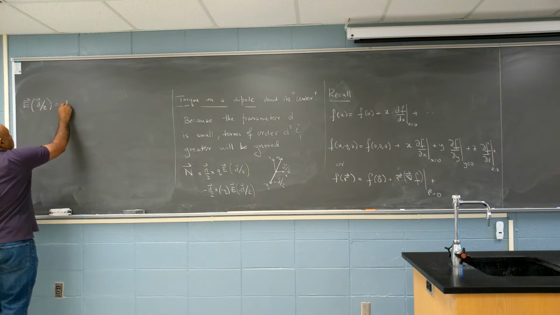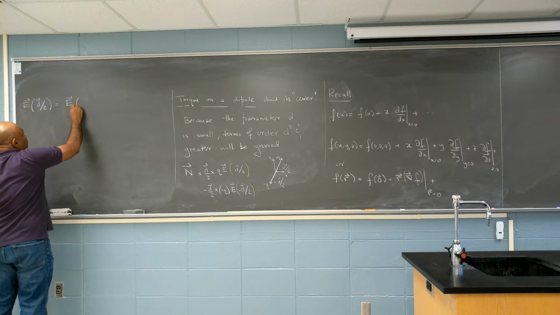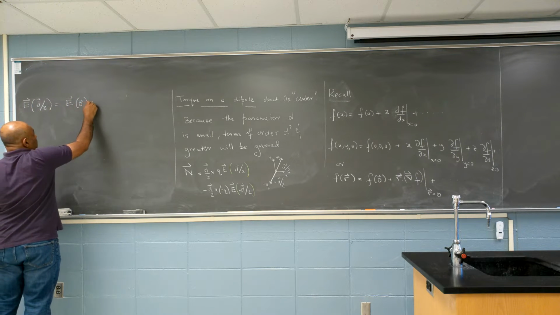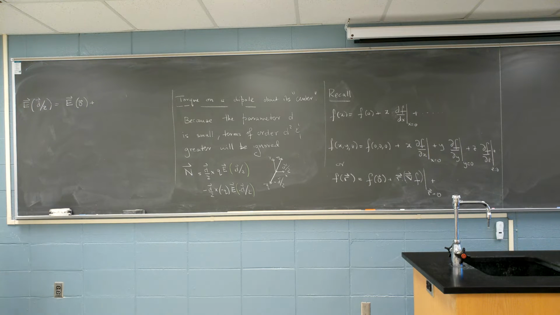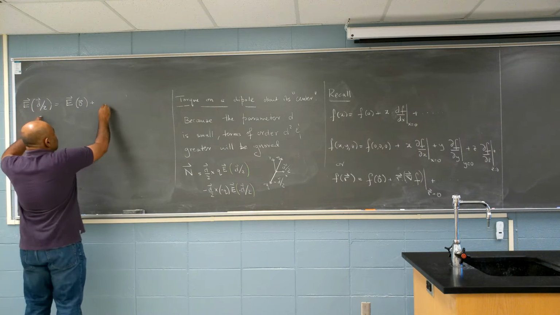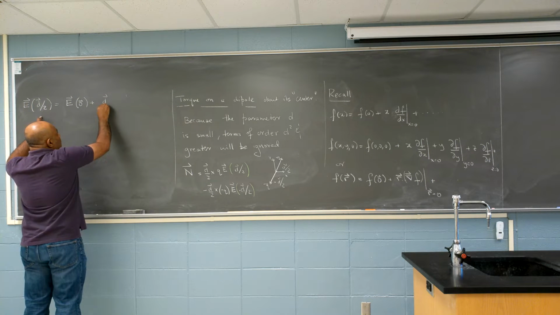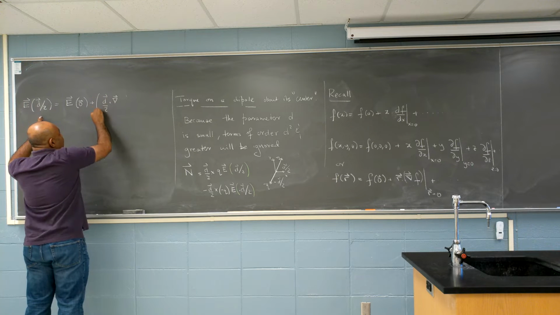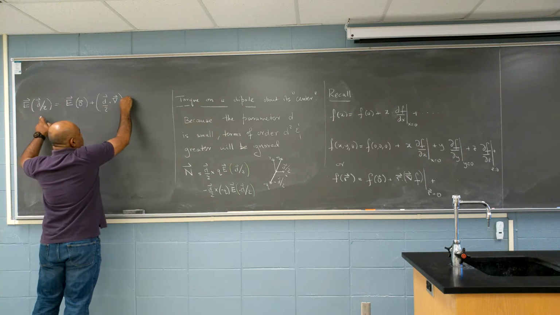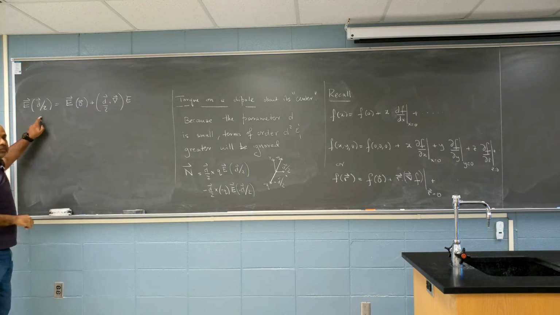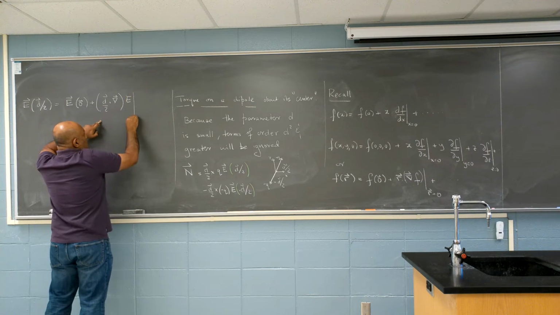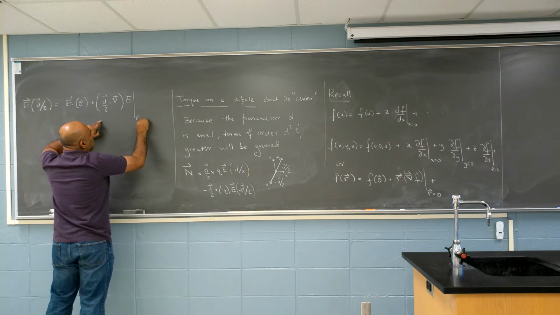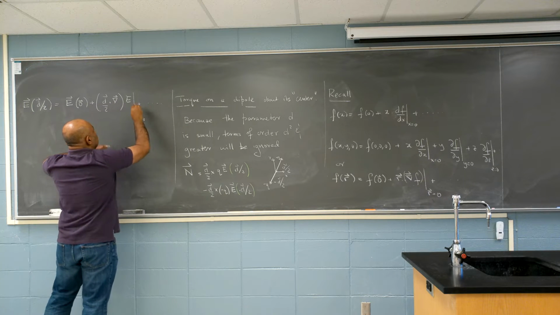Well, it's going to be E evaluated at 0 plus d over 2 dot gradient acting on the vector E evaluated at r. It's big notation for what's intuitive.